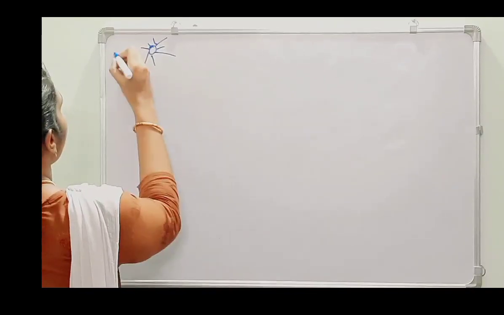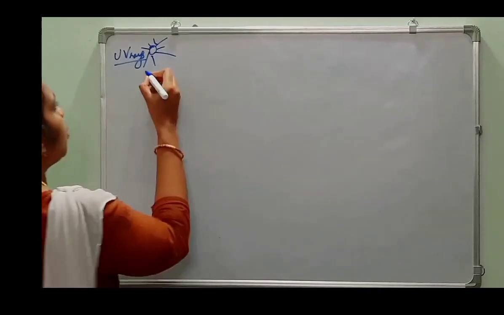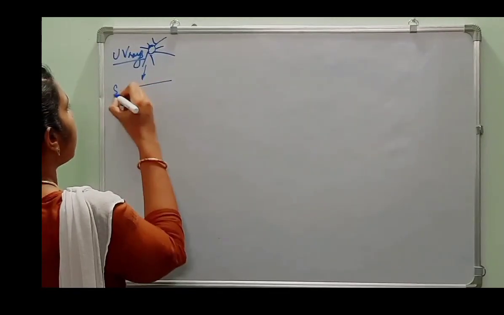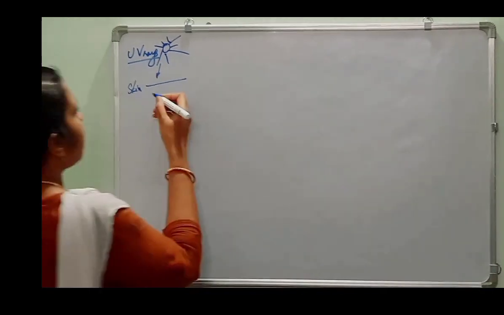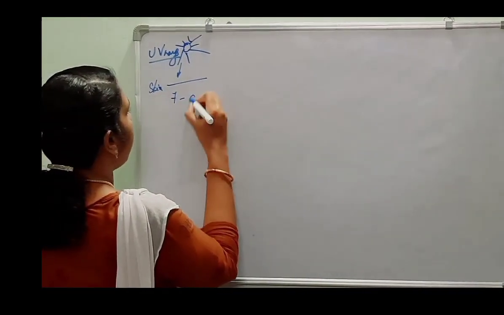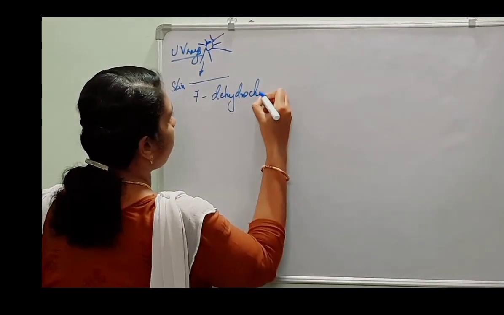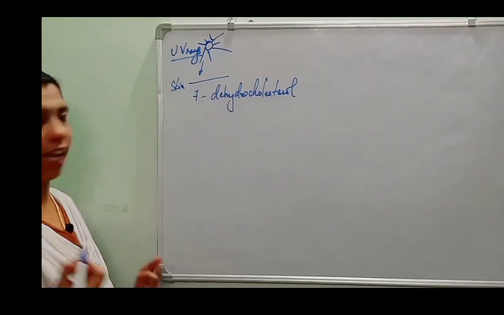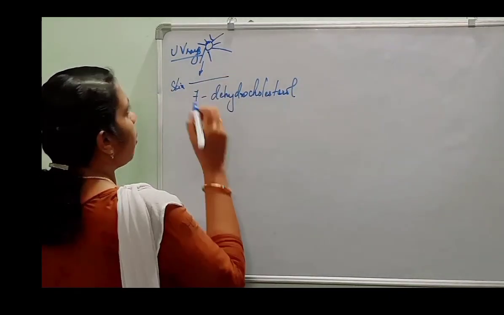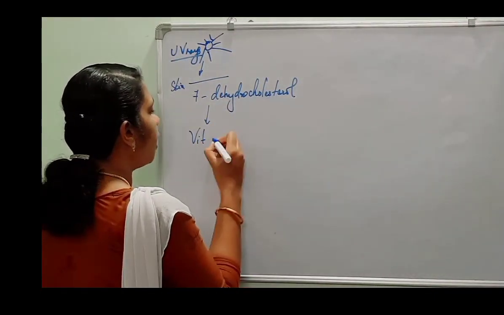From the sun there will be UV rays, and when these UV rays come in contact with the skin, there is a substance in the skin known as 7-dehydrocholesterol. By contact with the UV rays, this 7-dehydrocholesterol is converted to vitamin D.